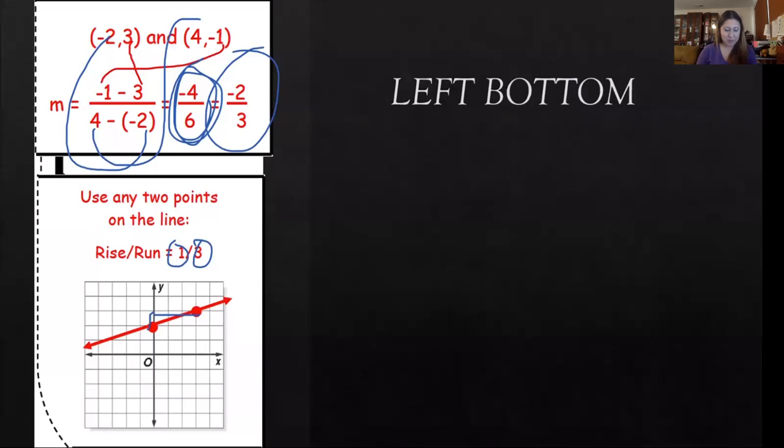There we go. Going up and down is that first number. Left and right is that second number. So I'm rising up, and I'm running 3 to the side. So then my slope is 1/3.